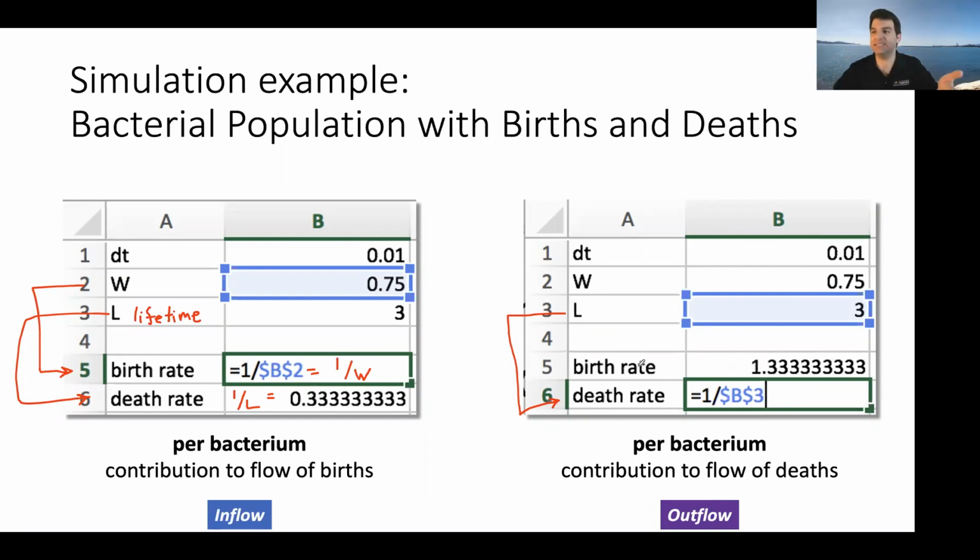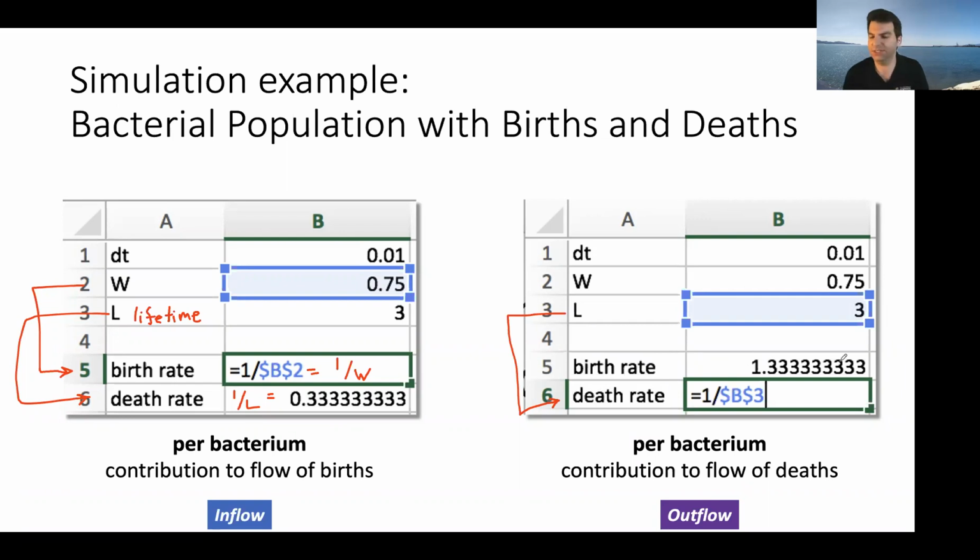But when we take stats on populations, it's hard to ask somebody, what's the death rate of the human population? But you can more easily ask, what's the average lifetime of a human male or a human female in the United States? And we can then turn all these average lifetimes into death rates per individual, just by taking the reciprocal.